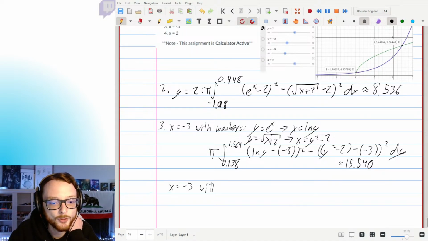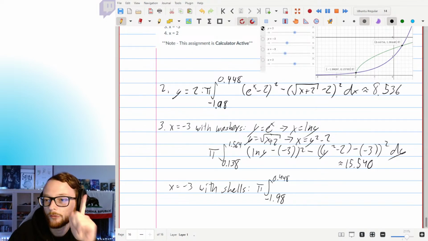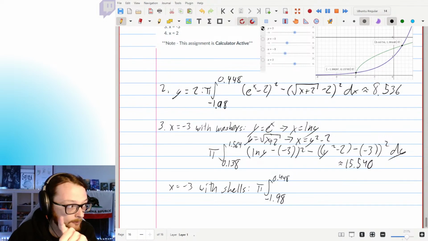And I'm just doing this to show off, I guess. So shells, we keep it with x. We need a pi. Our x bounds are 198. I guess we were using just that before. Okay, so it's radius times height, right?